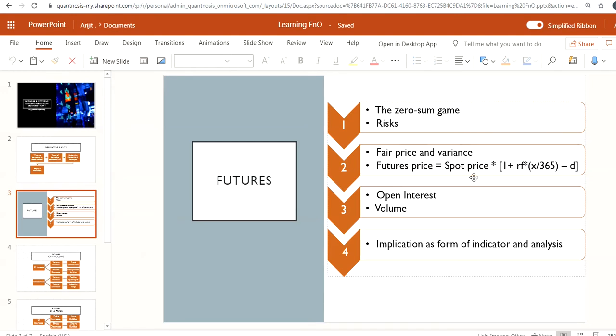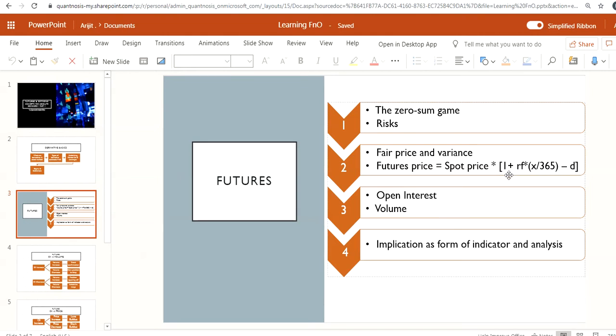So for a futures contract with August expiry, if there are 20 days left, 20 will be the value of X, and the risk-free interest will come from the treasury bill interest rate. D is the dividend yield: what is the current dividend yield, and is there any other expected dividend? The dividend yield should consider any pending dividend before the expiry date of this contract.